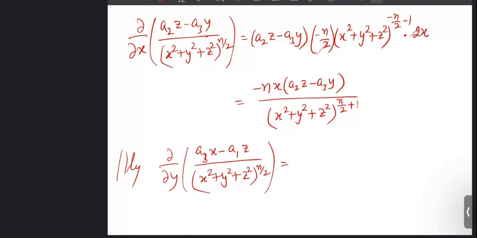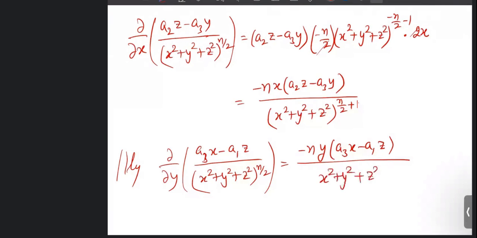We require minus n there also. That will become minus n y into (a3x minus a1z) divided by (x square plus y square plus z square) raised to the power n by 2 plus 1.